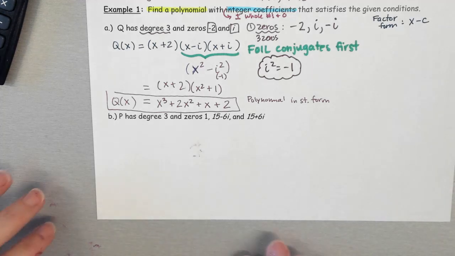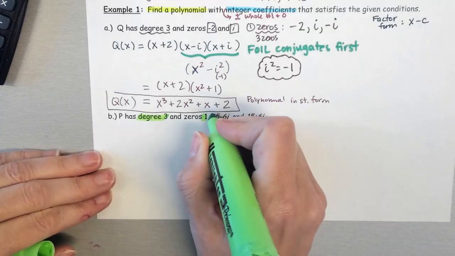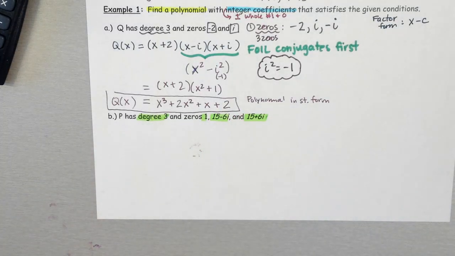So for part B, P has degree 3. The zeros are 1, 15 minus 6i, and 15 plus 6i. So you have degree 3, and they gave you 3 zeros. So if they give you 3 zeros, you don't have to find any of the other ones. We're just going to set this up.